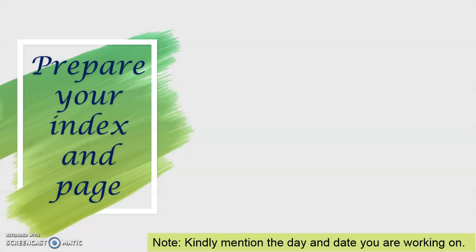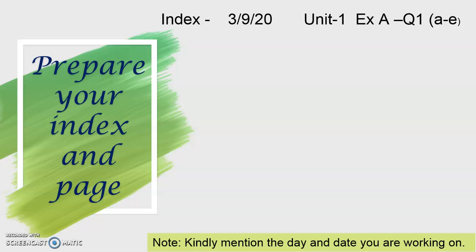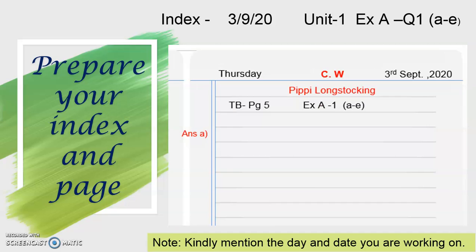Okay. Next important thing. Prepare your index and page of your notebook. So in your index, you're going to write the date, and this is what you're going to write in your index. Unit 1, exercise A, question 1, A till E. Now this is how I expect your page to be prepared.